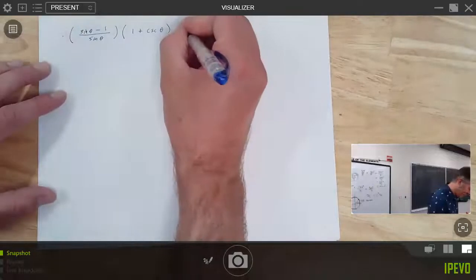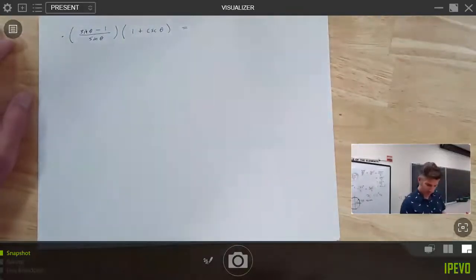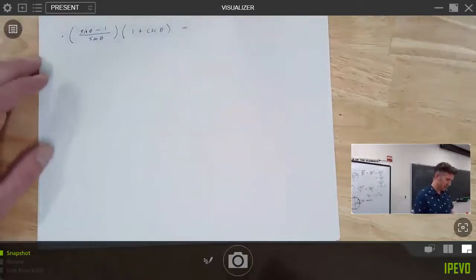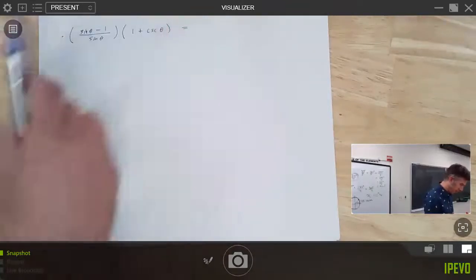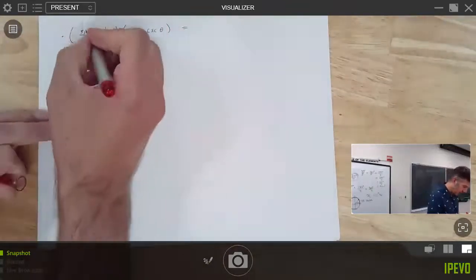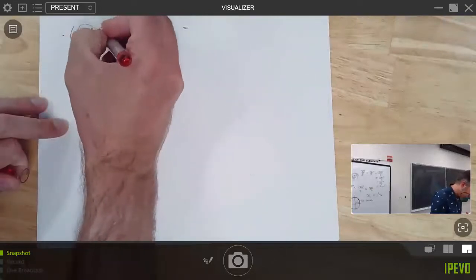It always kind of depends. I'm going to go a different way. I'm actually going to divide each thing here by the sine.